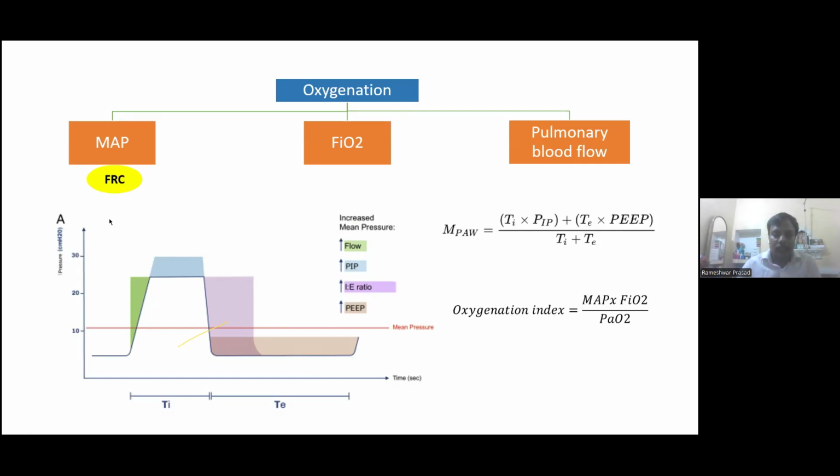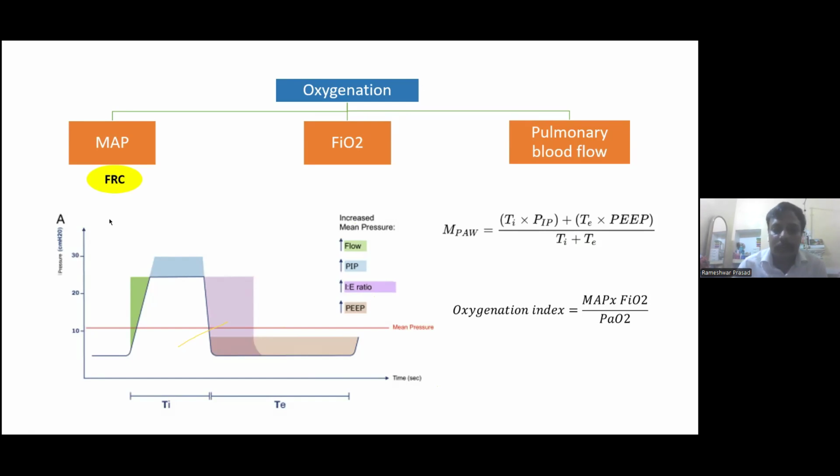If you distend alveoli by giving MAP or PEEP, it will open up the collapsed alveoli, it will improve ventilation perfusion matching, and it will ultimately improve the oxygenation.